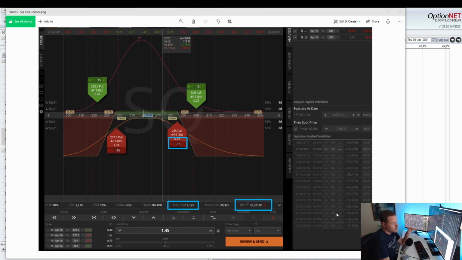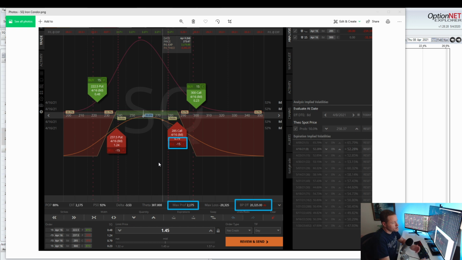So one of the things I want to talk about really quickly here is when you're looking at the risk to reward on these trades, which when you just look at this, can seem really scary. I mean, first of all, we're taking some decent size here with 15 contracts. So of course, the risk is going to be greater than when we're just doing one lots. Hopefully, when you're learning, you're just doing one lots as I am right now.